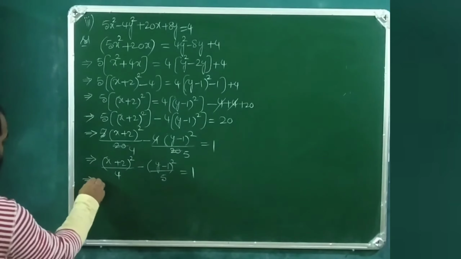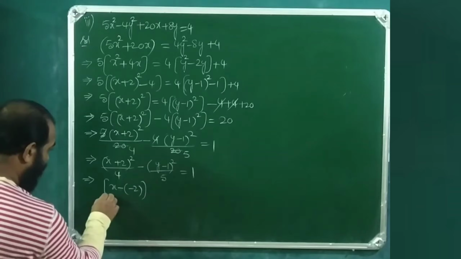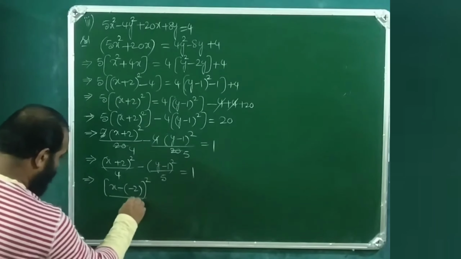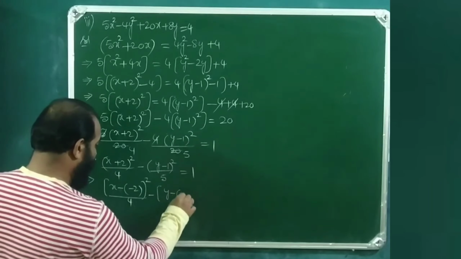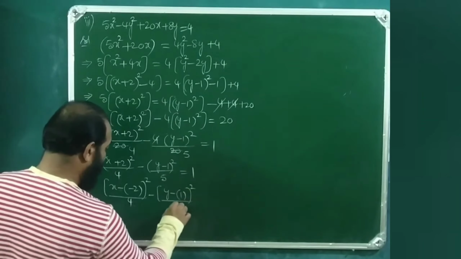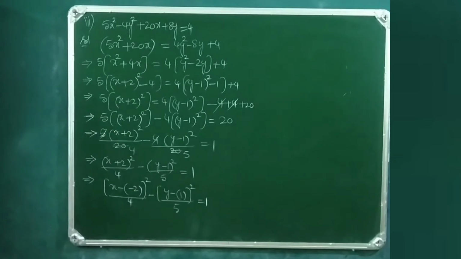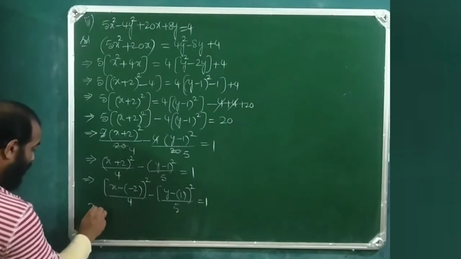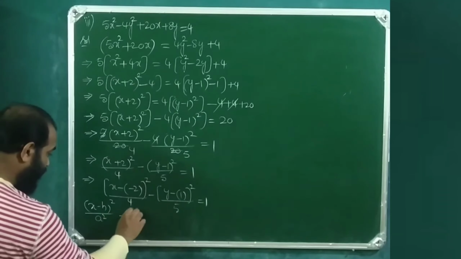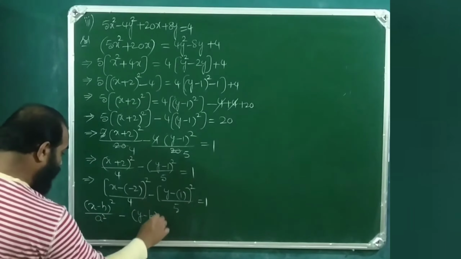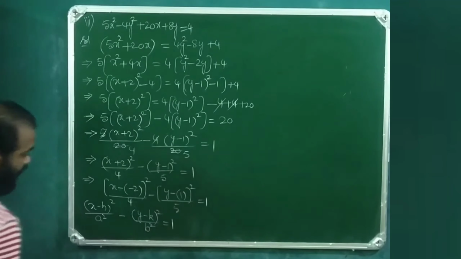So this is of the form (x − (−2))²/4 − (y − 1)²/5 = 1. So this is of the form (x − h)²/a² − (y − k)²/b² = 1.